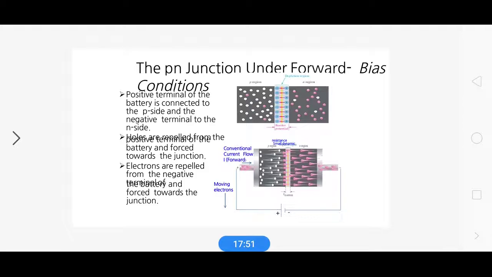So these holes in the P side and electrons in the N side are forced towards the junction. Then these electrons and holes try to cross the junction.